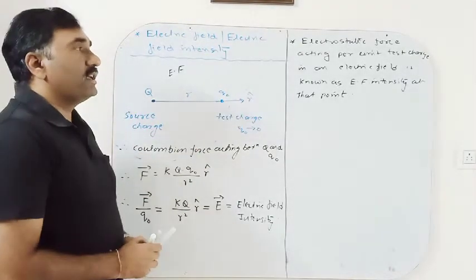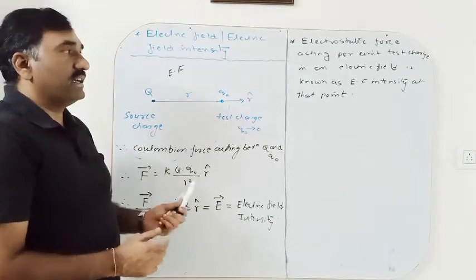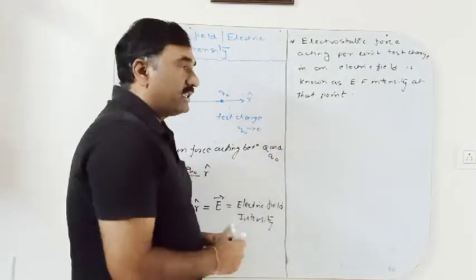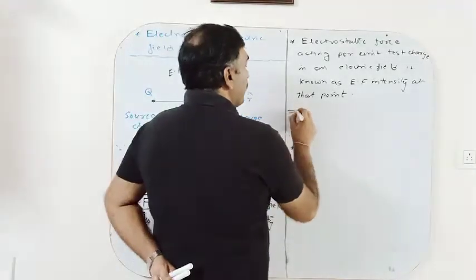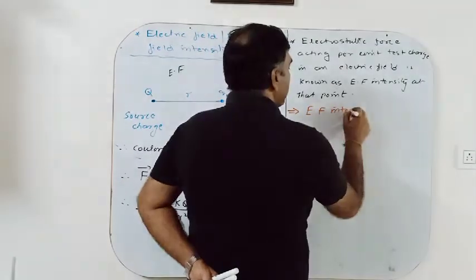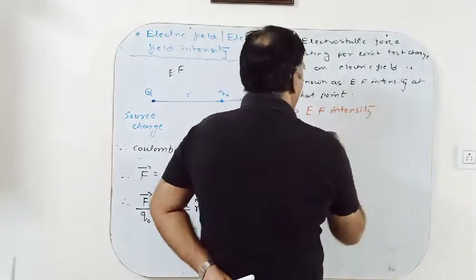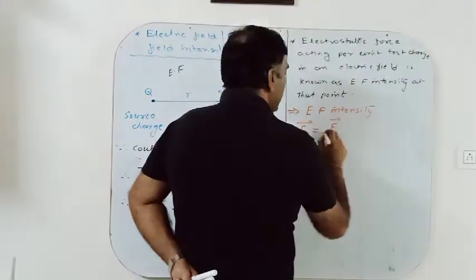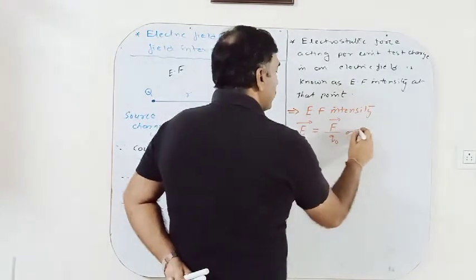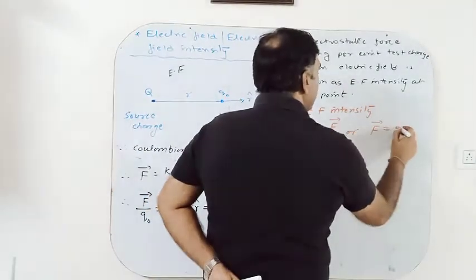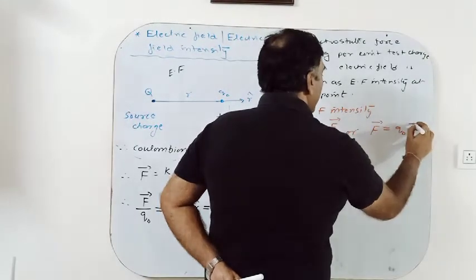So the electrostatic force acting per unit test charge in an electric field is known as electric field intensity at that point. So here is the formula: E becomes F by Q naught, or F is equal to Q naught into E.